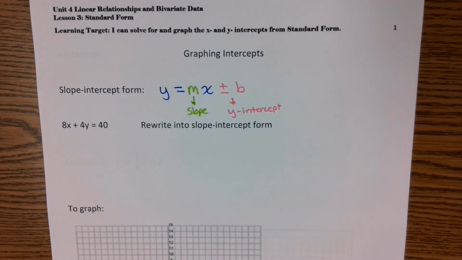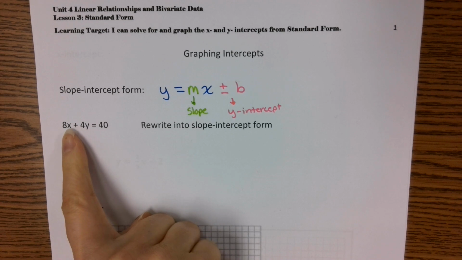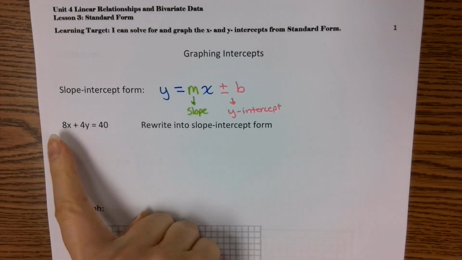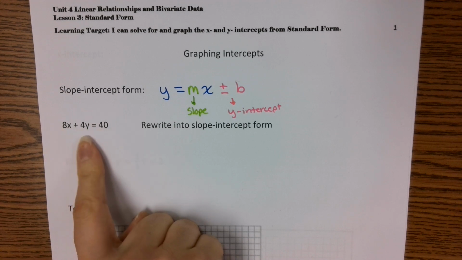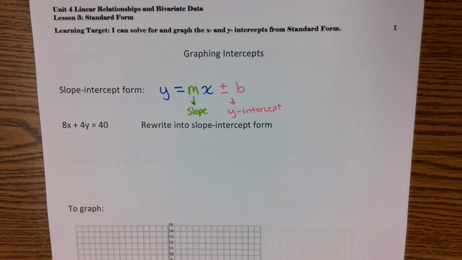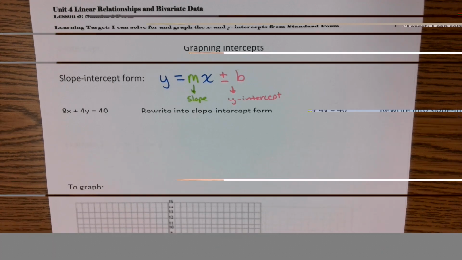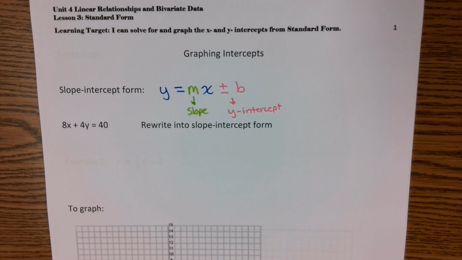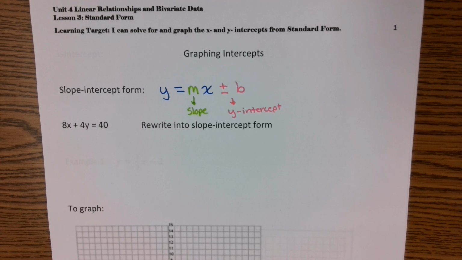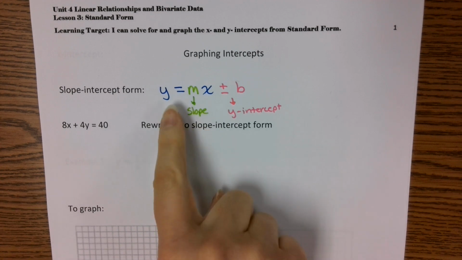Okay, now if we were given an equation in what is called standard form, and we'll talk more about standard form in just a moment, but this is an equation written in standard form. If we needed to rewrite it into slope-intercept form, then we would have to focus on getting y isolated.